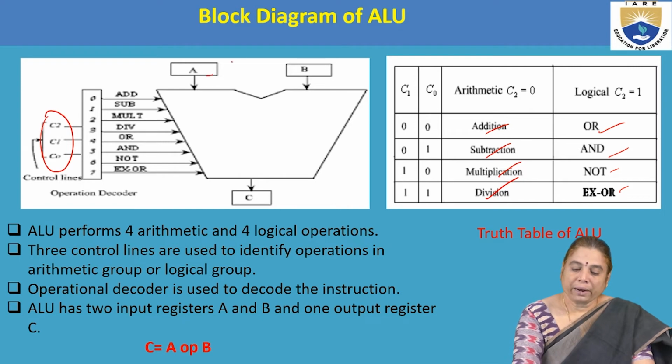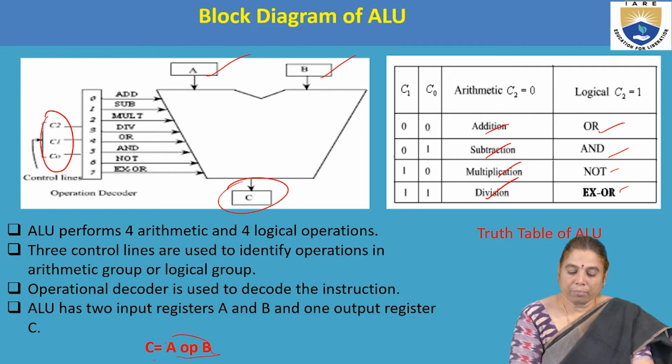The input operands are available in the registers A and B. After processing, the output is stored in C. C is equal to A operation applied on B. In case C2 is equal to 0, arithmetic operations are performed based on the C1 and C0 values.